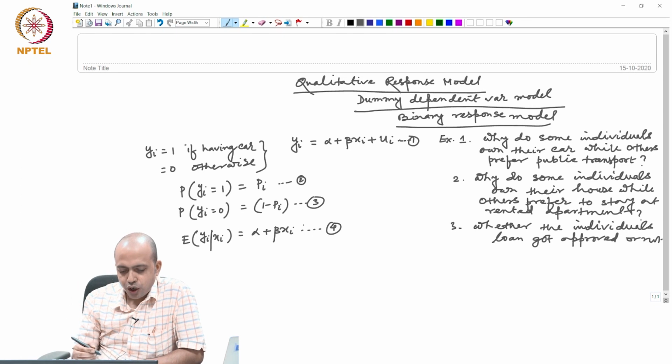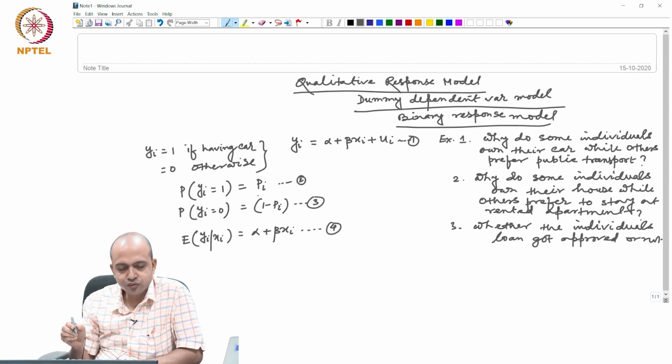Now I can find the expectation of yi from the probabilities also, because yi can take two values, 1 and 0, with probability pi and 1 minus pi.